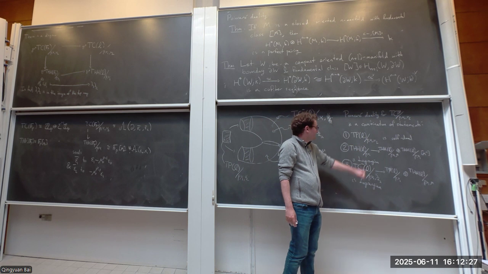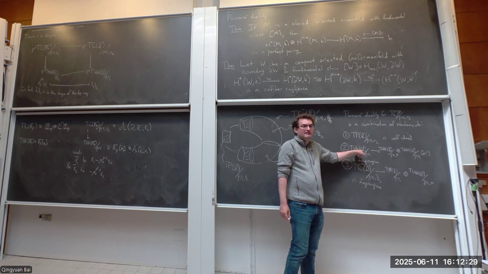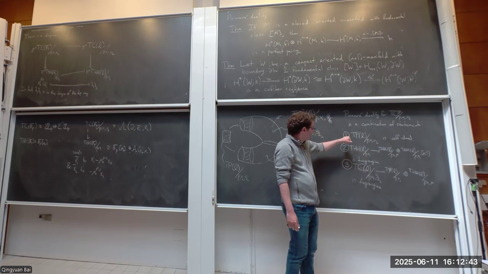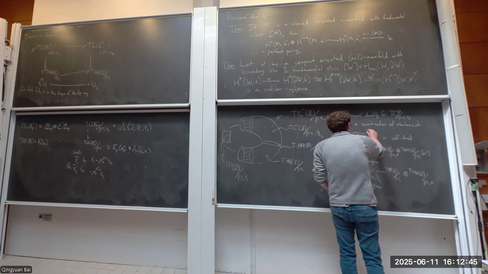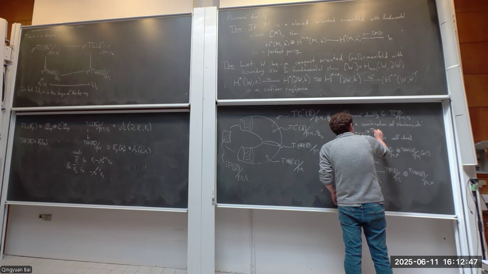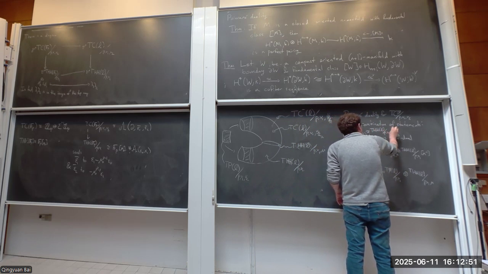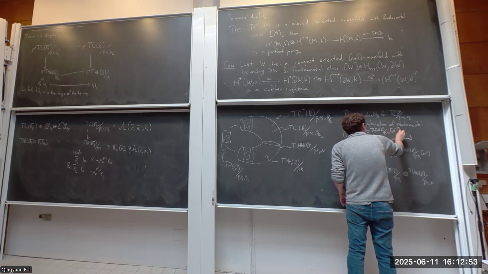But this statement I actually proved for you on the first day, because this is exactly that statement that something involving THH with FP coefficients for the Lagrangian. And this is actually isomorphic to THH of inverted.